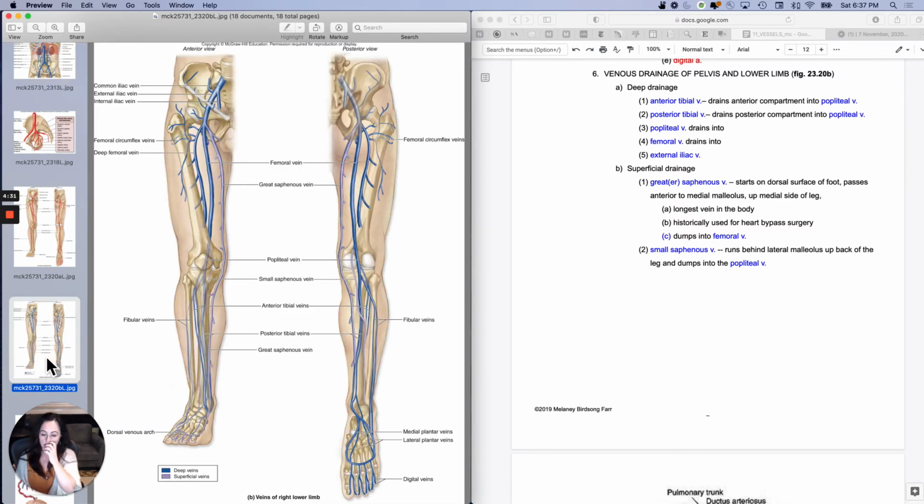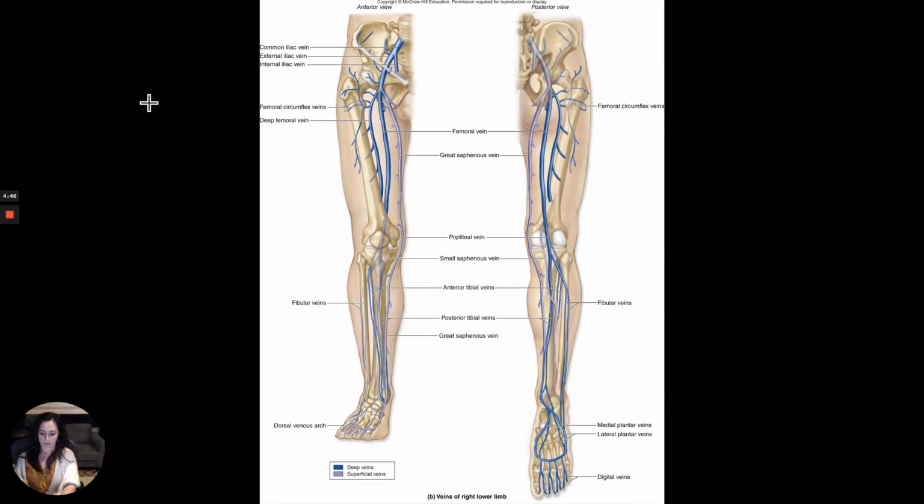We're going to head into the left and right common iliac veins, and then the internal iliac veins, external iliac veins will join to form the common iliac veins. Okay, so let's do the deep drainage. Okay, so deep drainage goes like this.